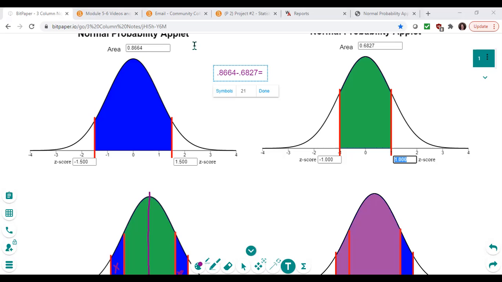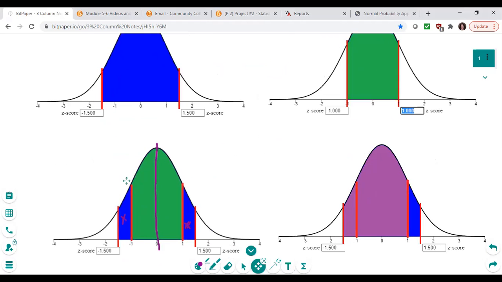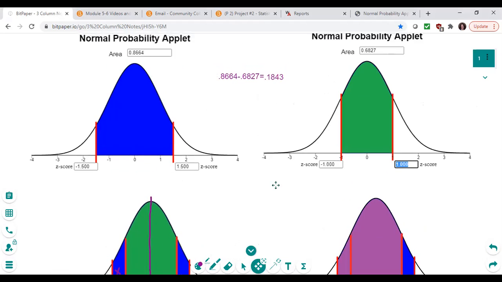So 0.8664 minus 0.6827 is going to give us 0.1837. So 0.1837 tells us the blue area down here.